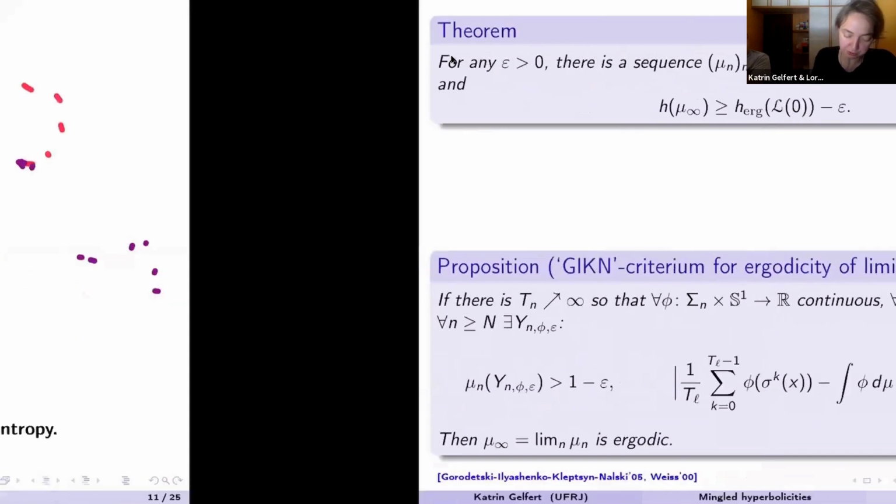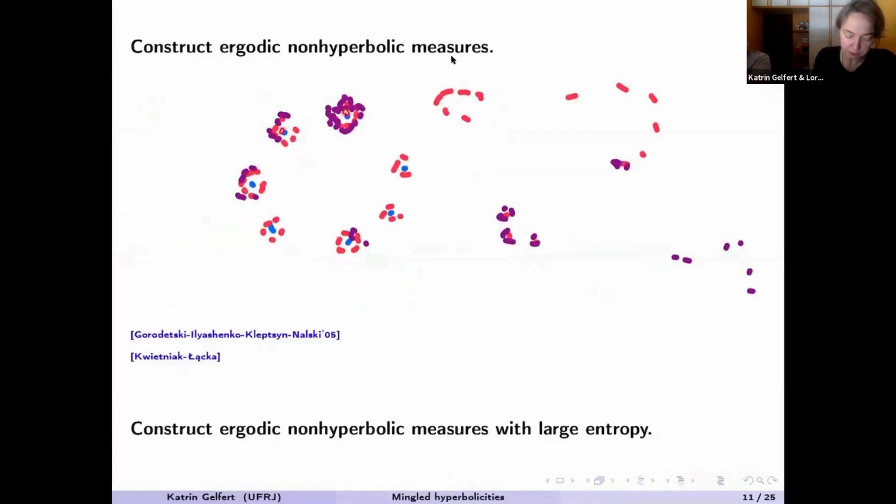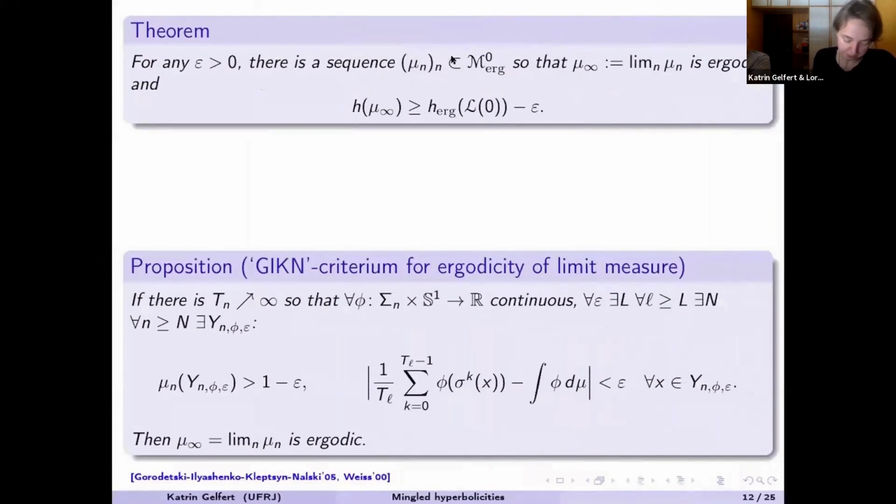So as a very rough idea, instead of using these periodic orbit measures, we take a sequence of measures which are on horseshoes, which are of positive entropy. Okay, so we pointed out that Benjy Weiss already used a similar criterion in one of his works.